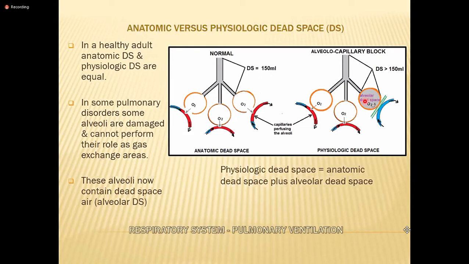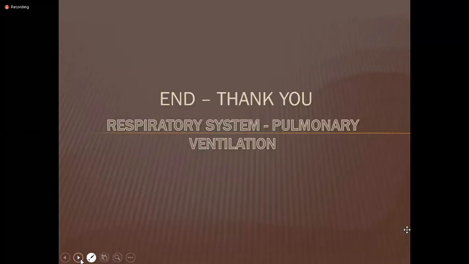It will not do its function of oxygenating the cells because it cannot be carried by the blood towards the cells, tissues. So what happens? Now this is non-functional. So physiologic dead space. Okay. That's the end.